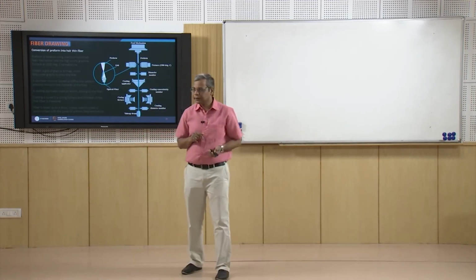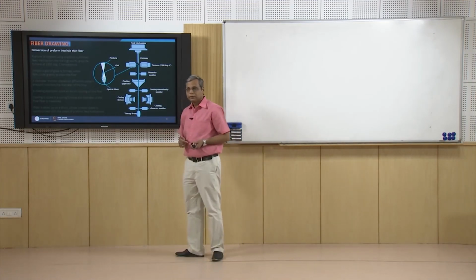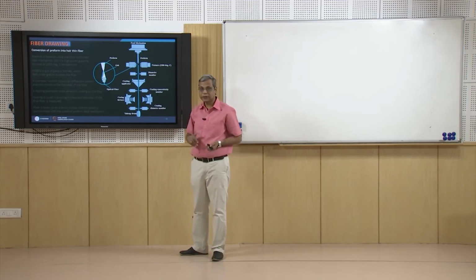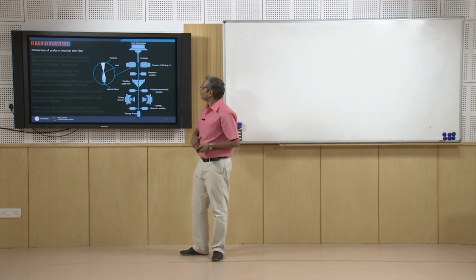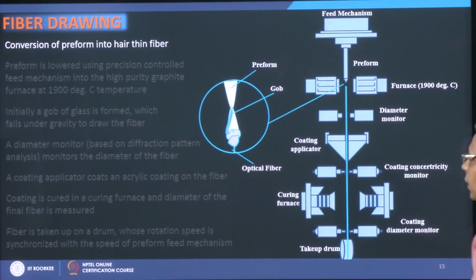So, these are used as reinforcing elements, then you have mylar tape, and then ultimately they are housed in a polythene jacket. So, this is a typical submarine fiber cable.